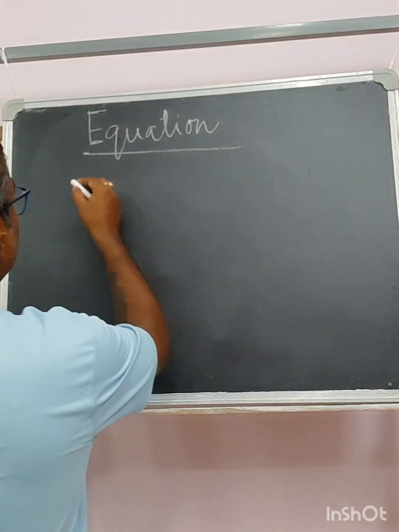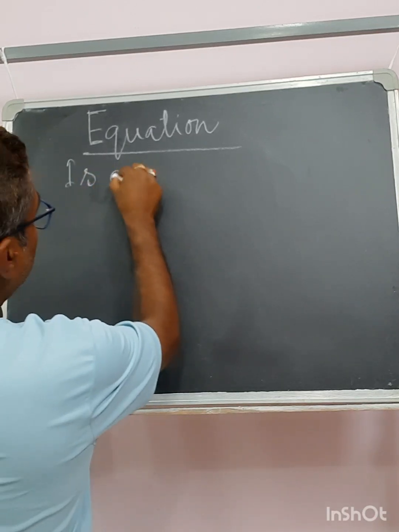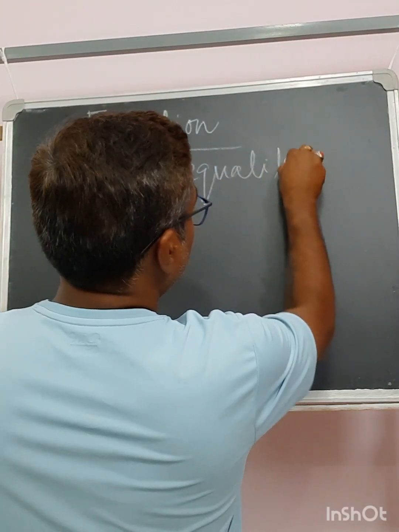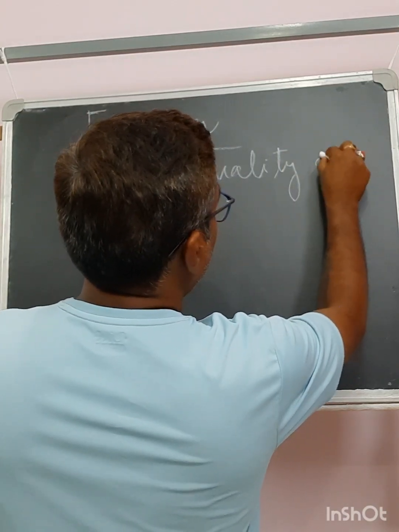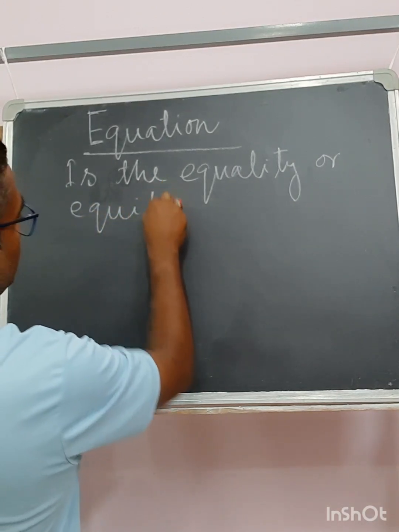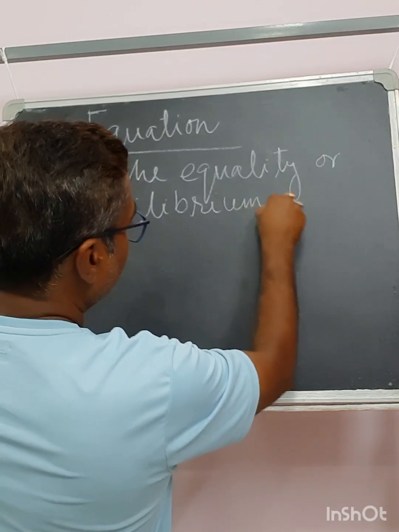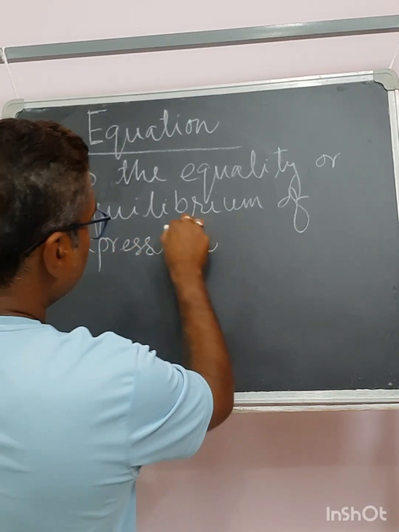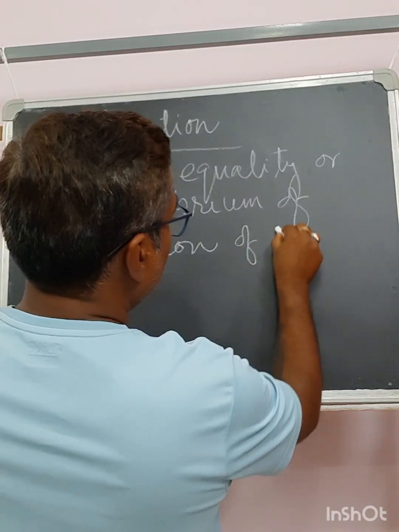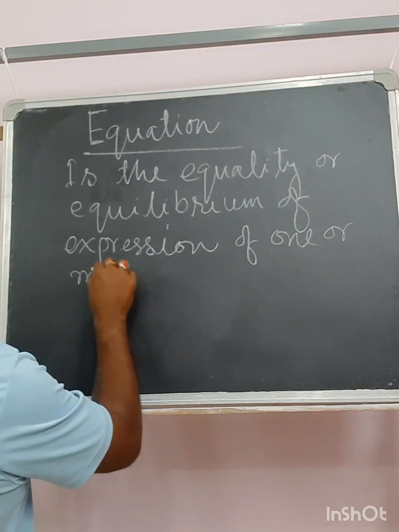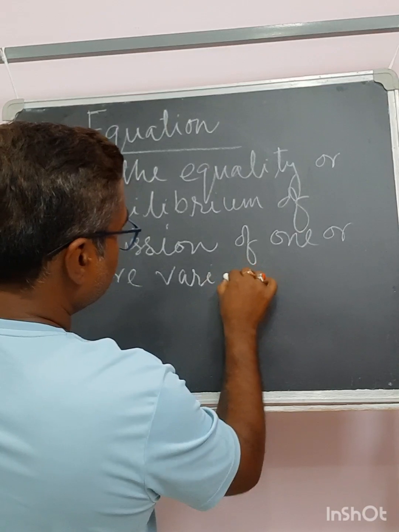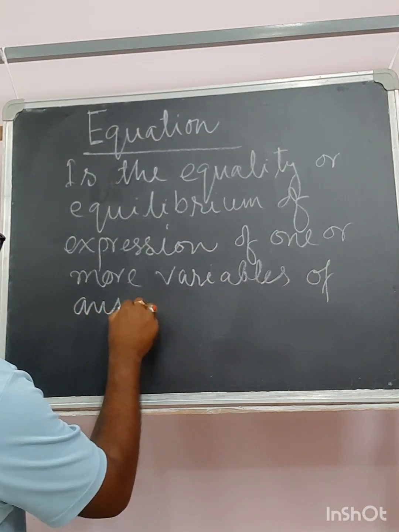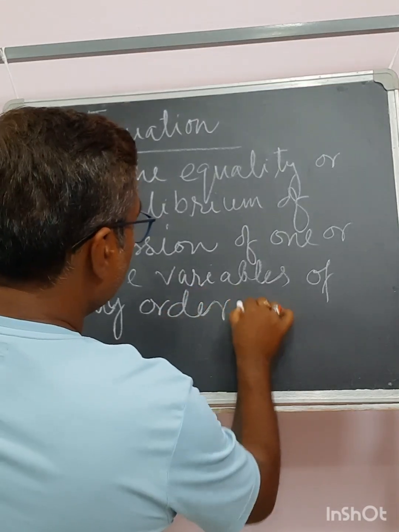So we can say an equation is the equality or equilibrium of expressions of one or more variables of any order. So let me brief you first.